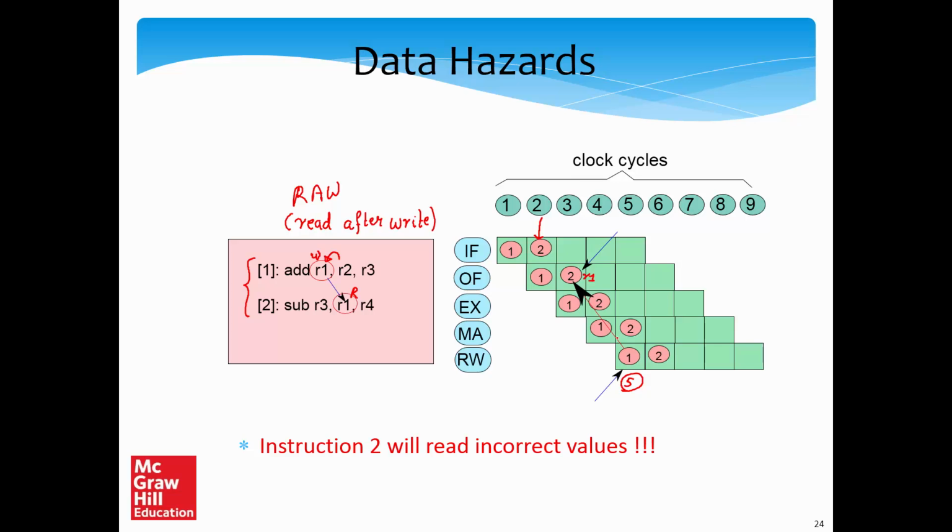What this translates to in a pipeline diagram is that if we draw a line between the cell in which 1 writes the data and the cell in which 2 needs to read the data, the line will flow backwards in time, from cycle 5 to 3. This is not feasible. As a result, we will read incorrect values if we follow this scheme.